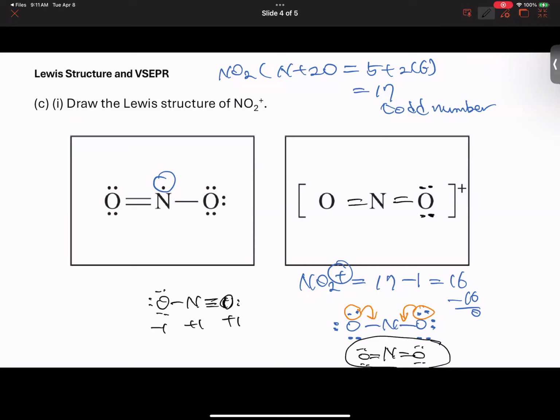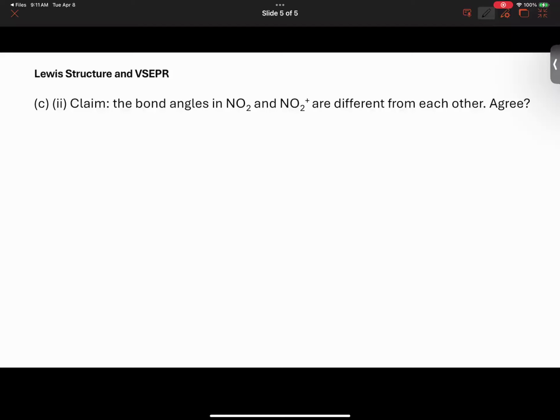Put 2 lone pairs right there. Okay, and let's go to the next one. Claim: the bond angles in nitrogen dioxide and the nitrogen dioxide cation are different. Do you agree? Okay, let's draw those structures.